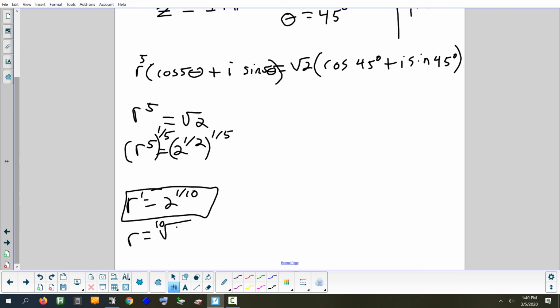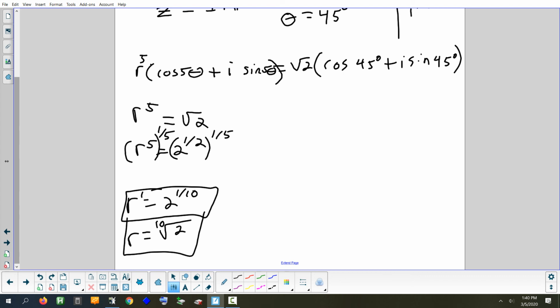Doesn't matter which way you say it. Those are the same thing. We talked a little bit about fractional exponents when we did logs. All right, so there's our radius. That's your radius in every single answer that you write.